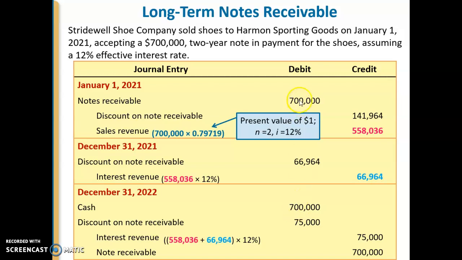So debit the cash for this note receivable amount and credit notes receivable. That could be done in 2 separate journal entries, but it's just as easy to combine it into one journal entry. I think you have a homework problem similar to this, and they definitely want one journal entry in the final, when you receive the final payment.